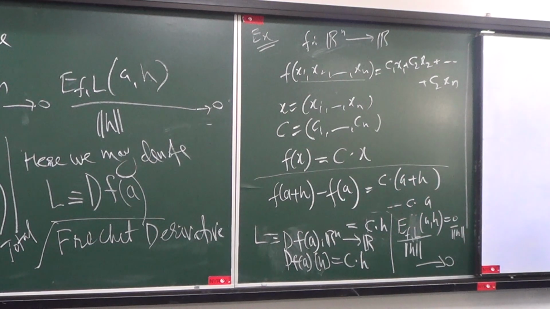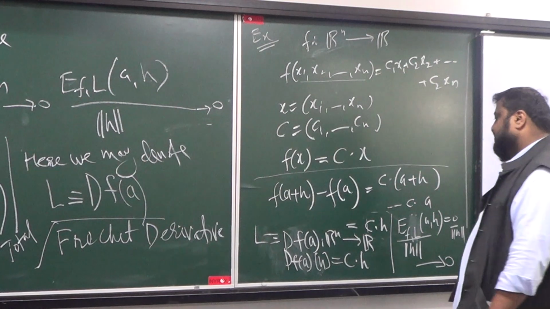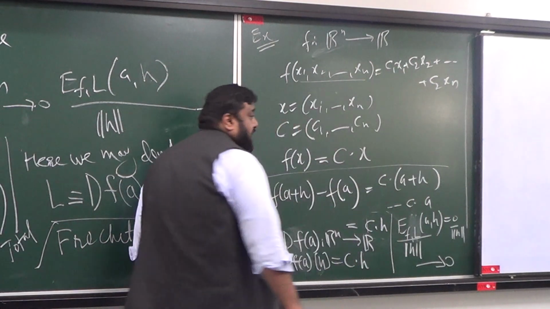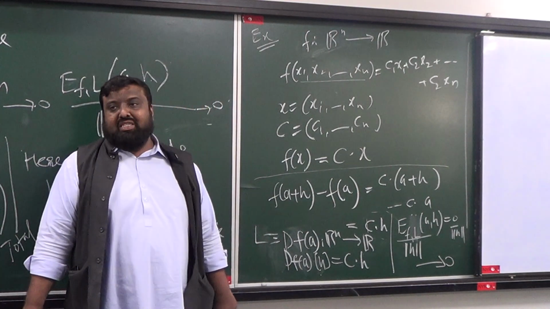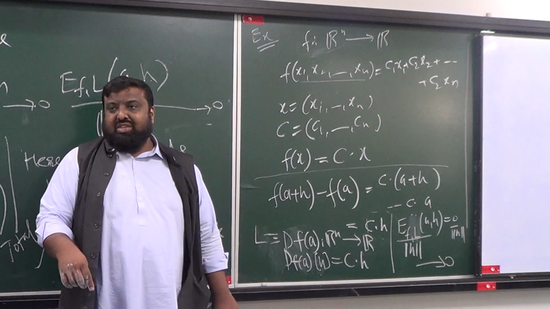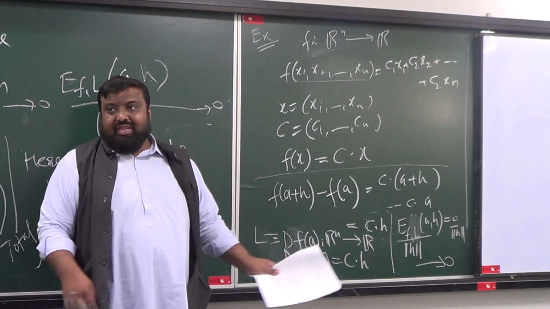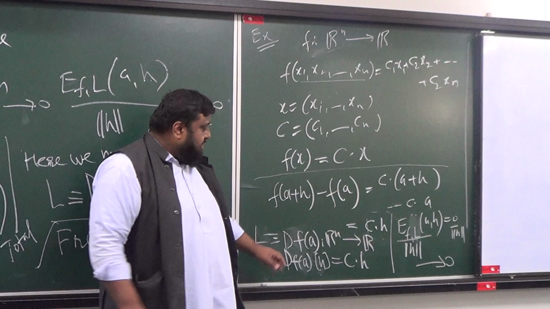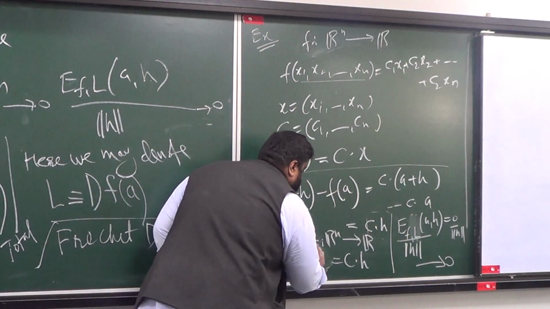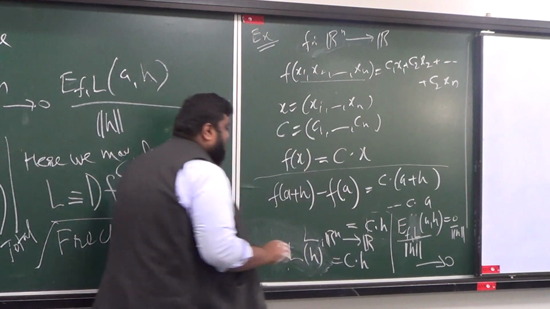So you can rightly object, or maybe when I'm writing this you may ask, why am I giving it the name derivative? The derivative has not yet been proven. So at the moment I must give it a name L. I should say L of h is c dot h.